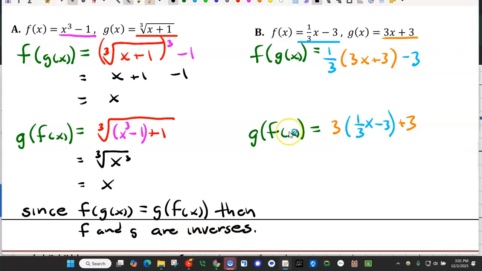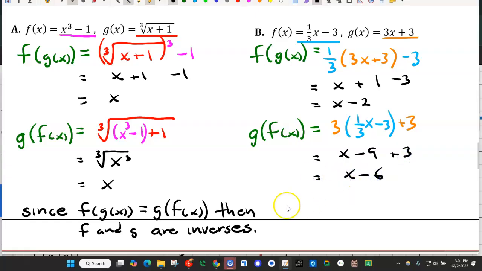So over here on the right-hand side, once you did this, we ended up with just x plus 1 and minus 3, which equaled x minus 2. And then here we ended up with x minus 9 plus 3, which is x minus 6.